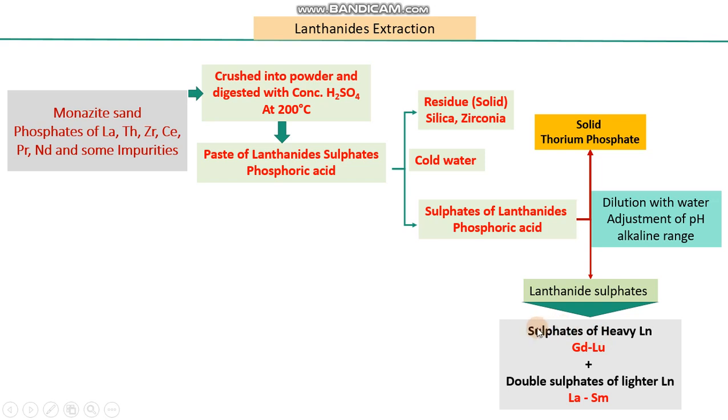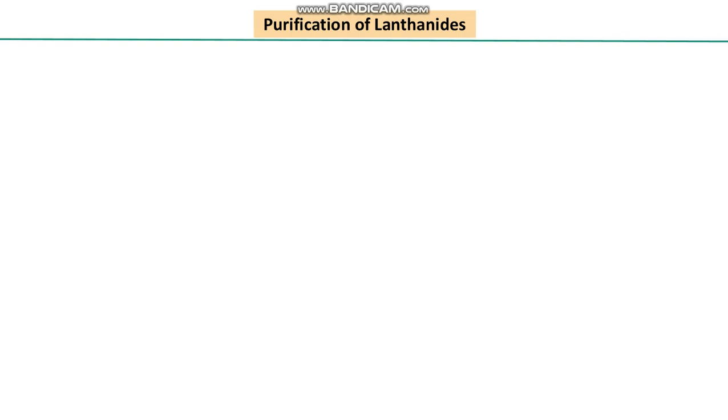These can be heavier lanthanide sulfates and lighter lanthanide sulfates, and in the lighter lanthanide sulfates we dealt with cerium, and cerium was accordingly separated. So the same procedure or a slightly modified procedure can be used for separation of other lanthanides from their respective solutions. Now, moving a little bit forward, how can lanthanides be purified?